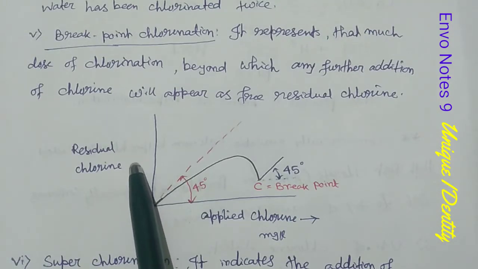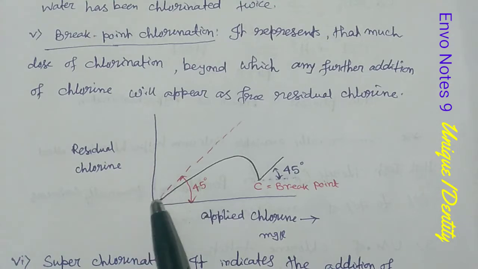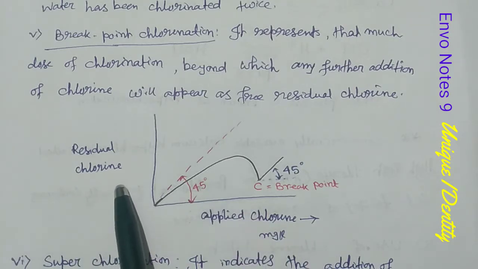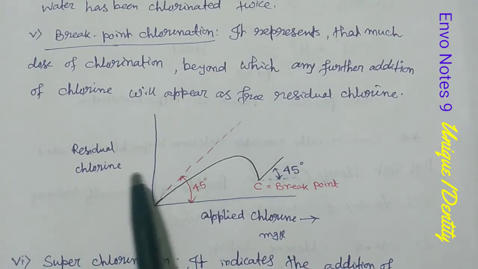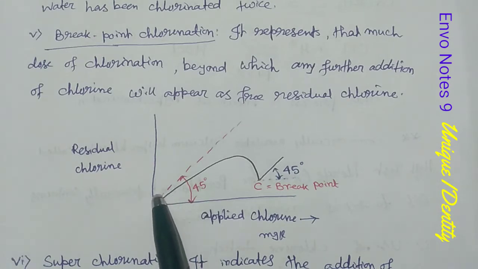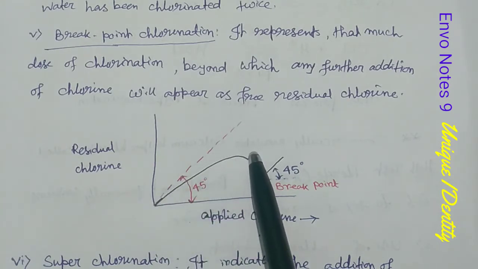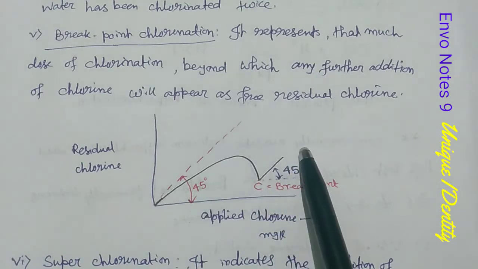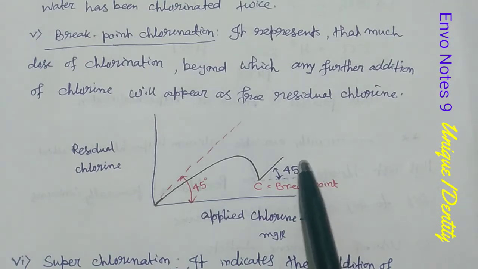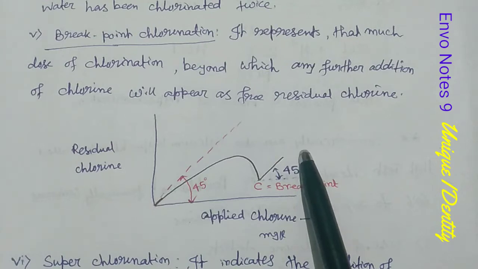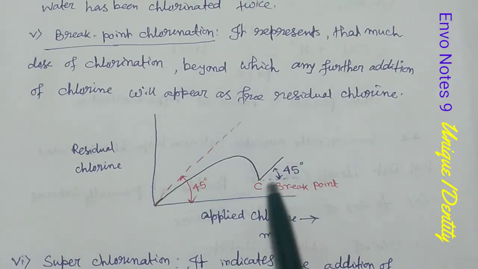Here in the graph I have drawn it. You can understand that on the x-axis this is applied chlorine in milligram per liter, and here is residual chlorine, also in milligram per liter. This is the chlorine being added, and here is the breakpoint chlorination. Any addition of chlorine appears along a 45° line as free residual chlorine.